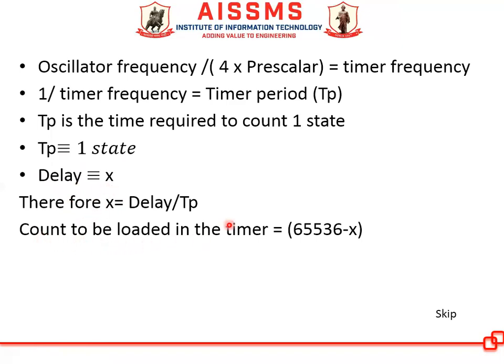The count that is to be loaded in the timer is 65536 minus x. Here I have assumed that the timer is a 16-bit timer, so the maximum number of states is 2 raised to 16, which is 65536. So it is the total number of states minus the value that you get by dividing the delay by the timer period.